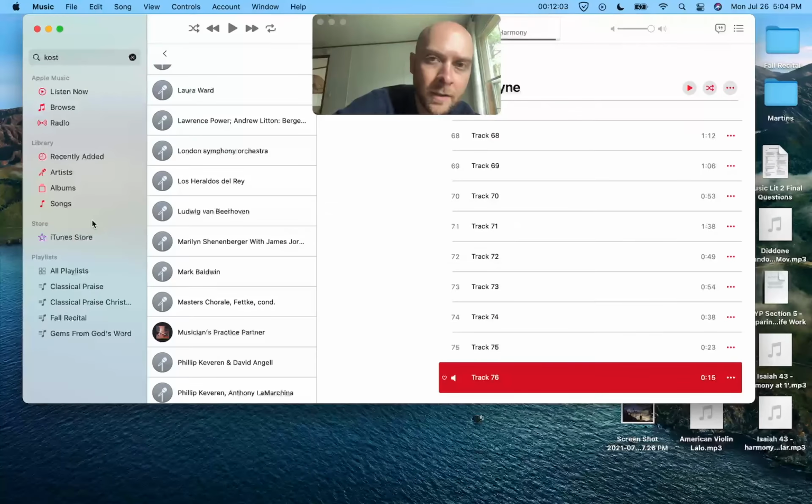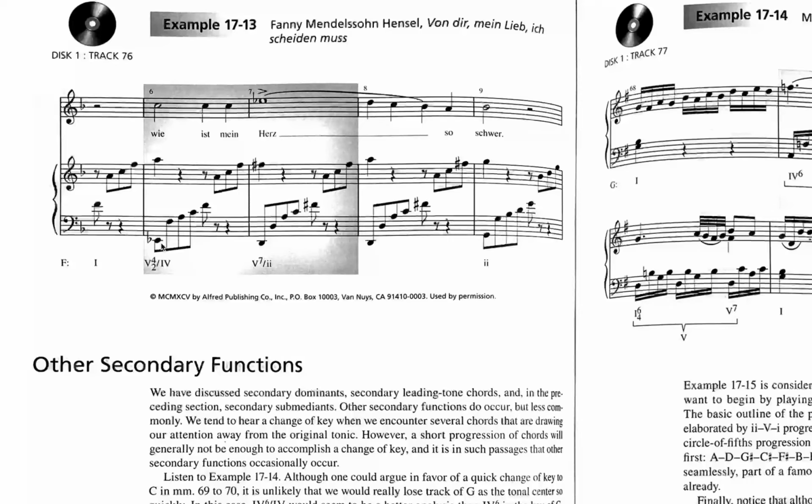Okay, now let's take a look at this. Notice, what are the common tones between those two? We have F, A, C, E flat, and D, F, A, and C natural. So A and C are the common tones.